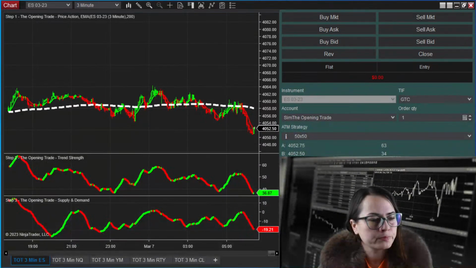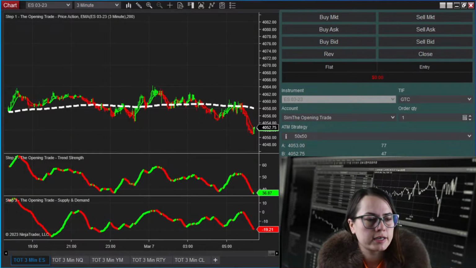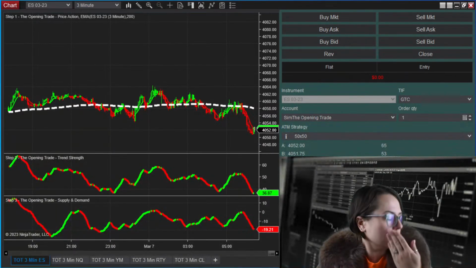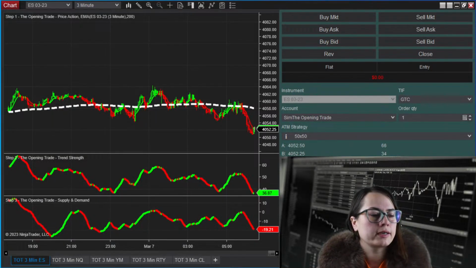So tomorrow we have at 8:15 a.m. Eastern Standard Time, the ADP non-farm employment change report will be coming out. 15 minutes later at 8:30 Eastern Standard Time, the trade balance report will come out. Again, tomorrow at 10 a.m., the Fed Chair Powell testifies, and the U.S. job openings report comes out.